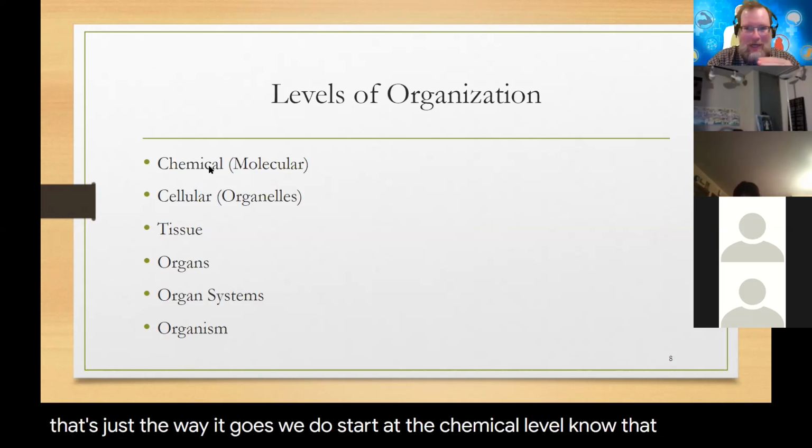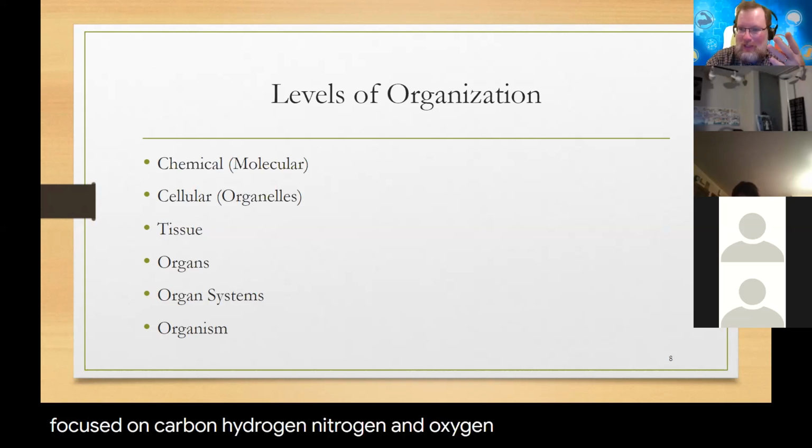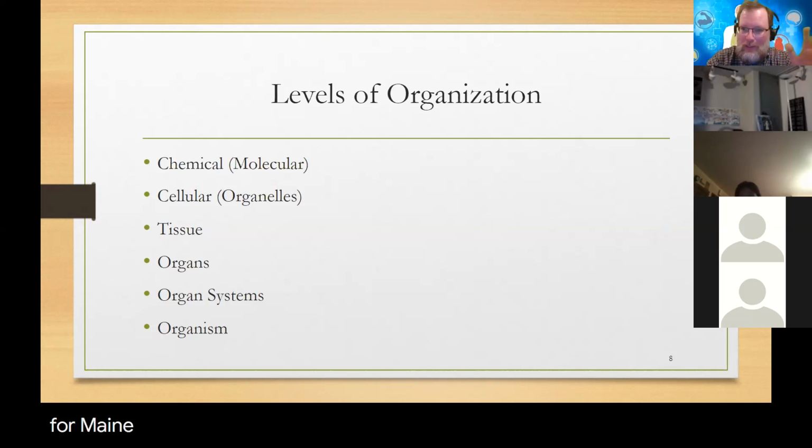Know that next week I'm not going to be focused on really deep, intense chemistry. I'm going to be focused on four main elements for the most part: carbon, hydrogen, nitrogen, and oxygen. I think you've all heard of those.